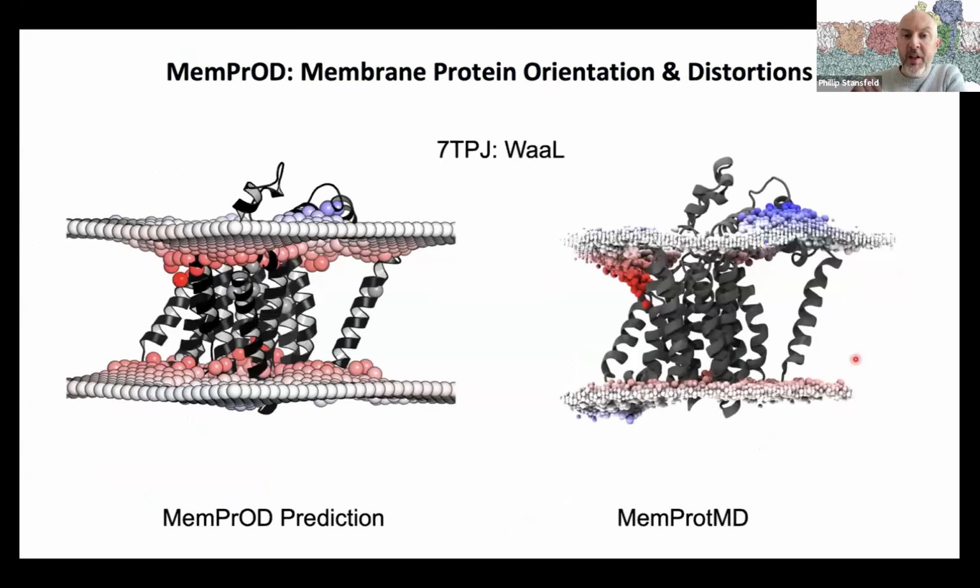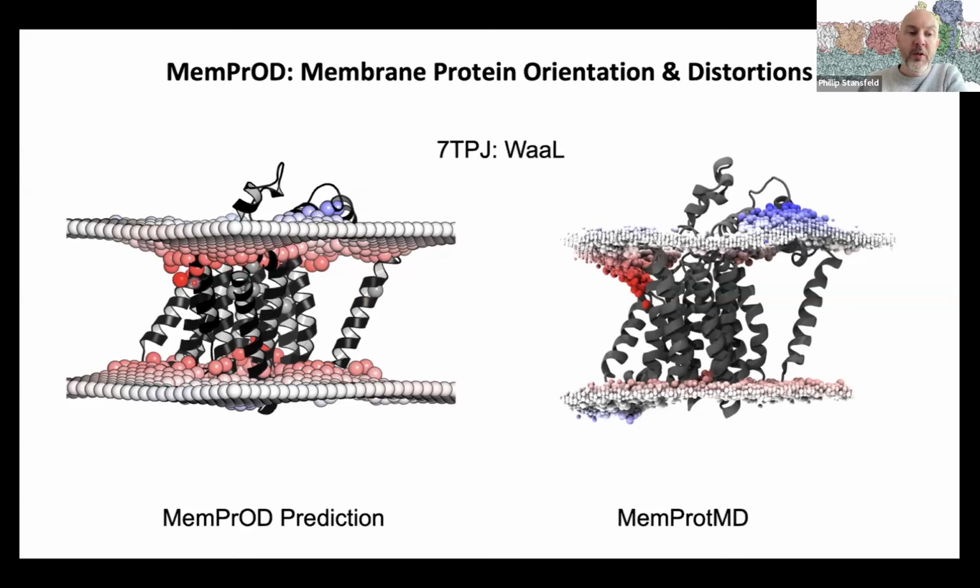And so I just want to finish with a couple of examples, therefore. An example of a protein that we worked on with Filippo Mancia's group called WAL. This particular protein binds a molecule called lipopolysaccharide, which has shorter tails within its lipid membrane than conventional lipids.